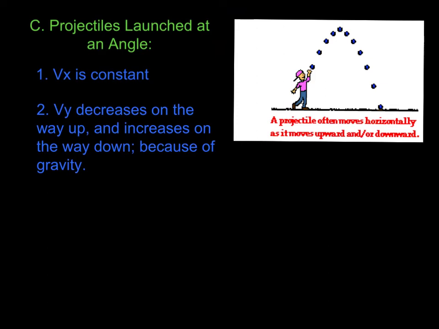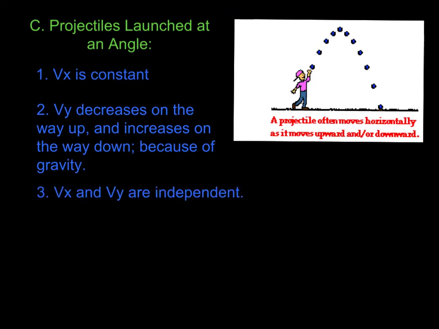And so as you try to throw a ball up, gravity pulls down and slows the ball on the way up to the top of the path. Then as the ball turns around and starts to come back down, gravity makes it go faster. So Vy decreases on the way up and increases on the way down, both because of gravity.